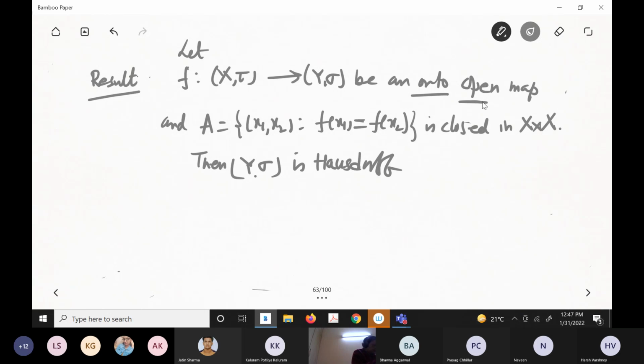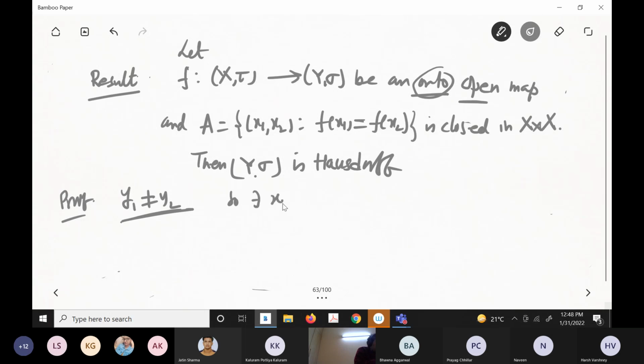Look, here you take two distinct points. How to do that? It is very simple, straightforward. But look, this is onto. So there exist x1, x2 in X such that y1 equal to fx1, y2 equal to fx2.